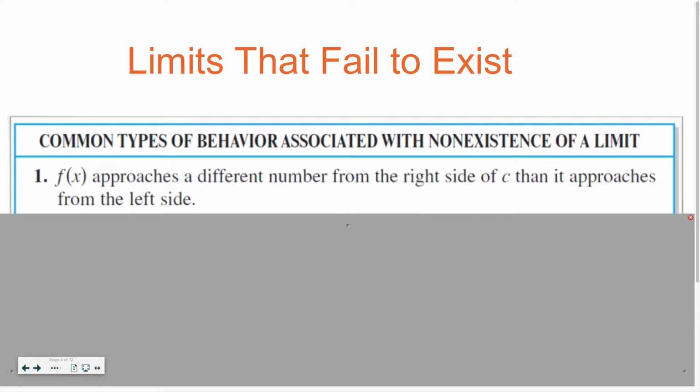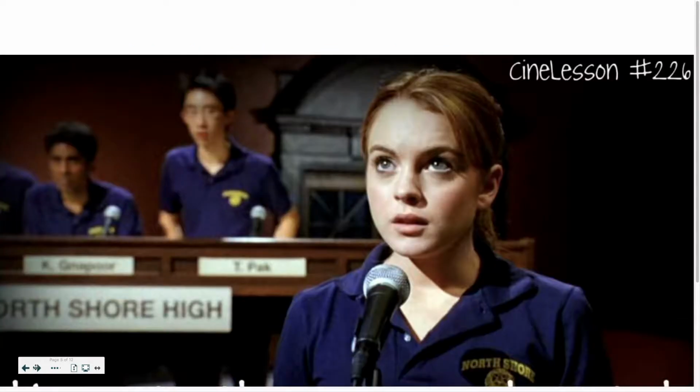Okay, so if we are approaching a different number on the right side than we are from the left side, then the limit does not exist.